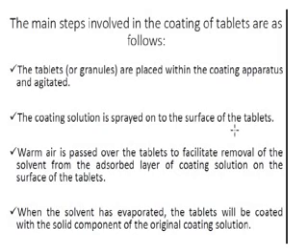The main steps involved in the coating of tablets are as follows. First of all we have to prepare the tablets, normal tablets. Second, when your tablets are ready for coating, we have to prepare the coating solution. Coating solution means the material you have chosen for coating purpose, which you have to dissolve in the solvent.